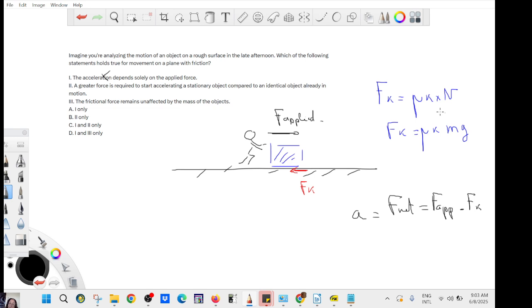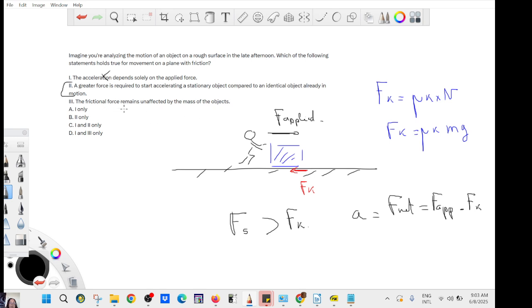Okay, that's because when you try to get something moving, you have to overcome the static friction. So to get it moving, it's always harder than to keep it moving. So static friction is always larger than the kinetic friction. So yes, this is true.